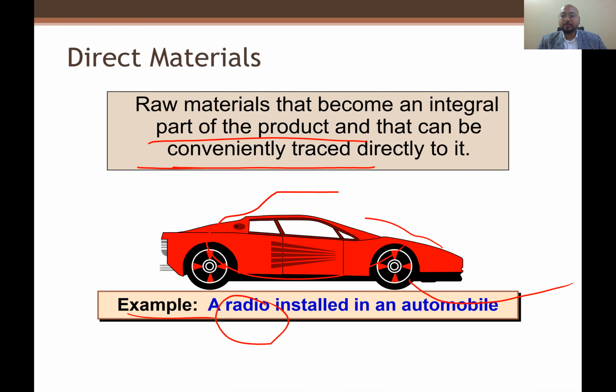Alloy rims, easily traceable. Headlights, steering, leather seats, windshield, back shield, and the side mirrors and other stuff, because you can easily trace it out. That's it, right? So direct material cost is that cost which you can easily trace to the product.